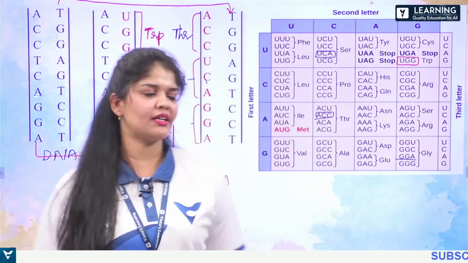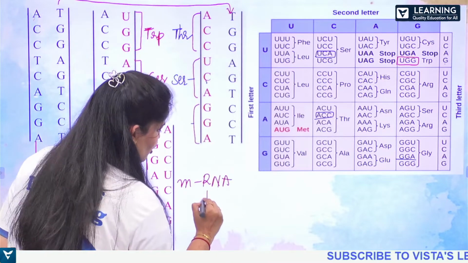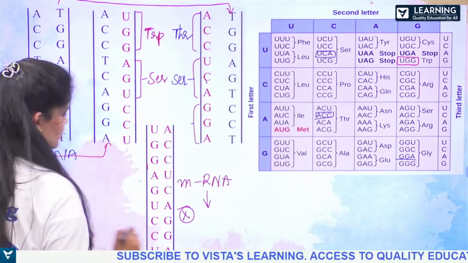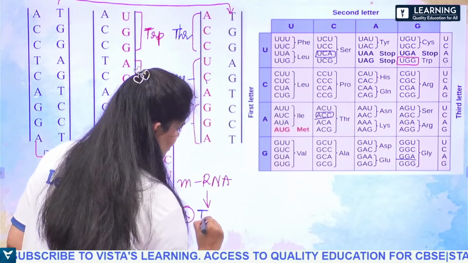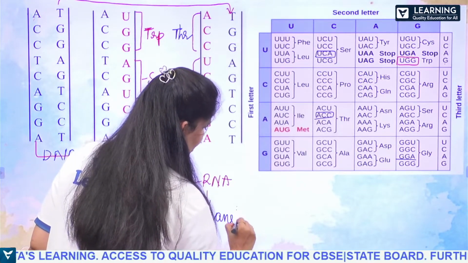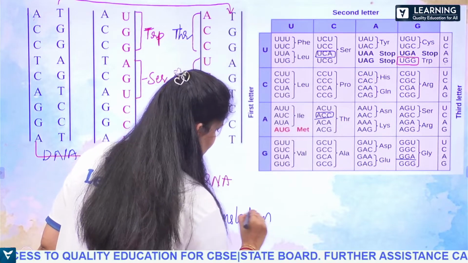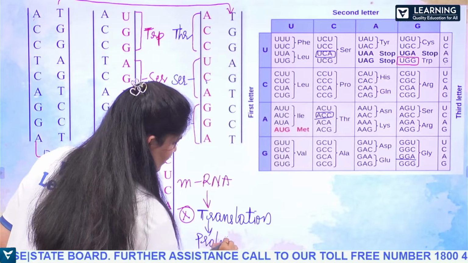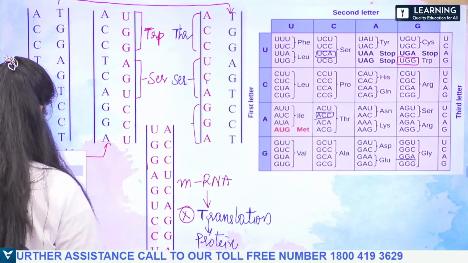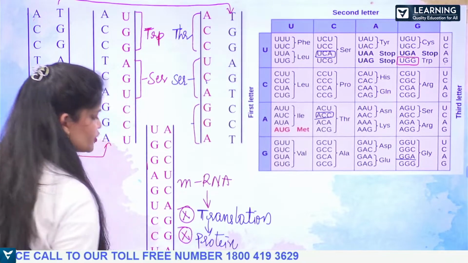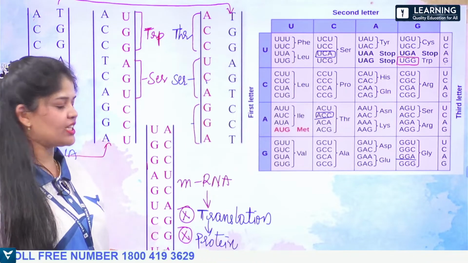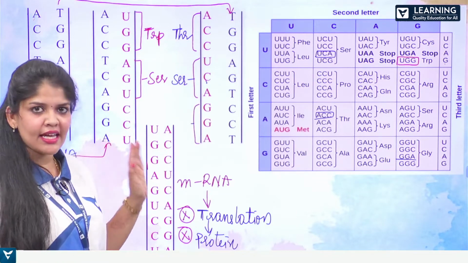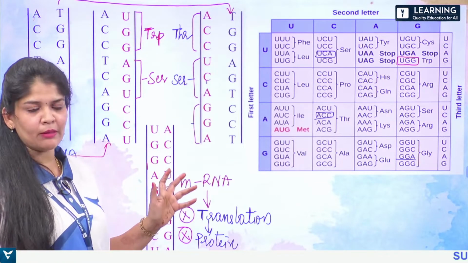So if the double-stranded mRNA is produced, it is not going to translate into protein. No translation occurs, no protein is produced, because the two single-stranded mRNAs combine as they have complementary base pairing between them.